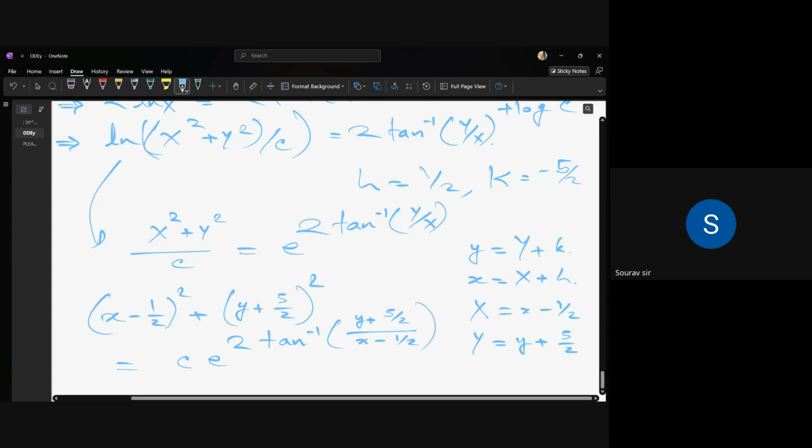So this will be the solution of this question, where our c is an arbitrary constant.